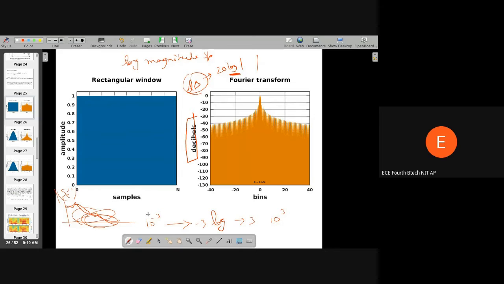If you take the log magnitude spectrum, those things are reflected in a better way. So you can see the side lobe level and all those things clearly. It's almost customary that when we talk about magnitude spectrum, we always talk in terms of decibels.